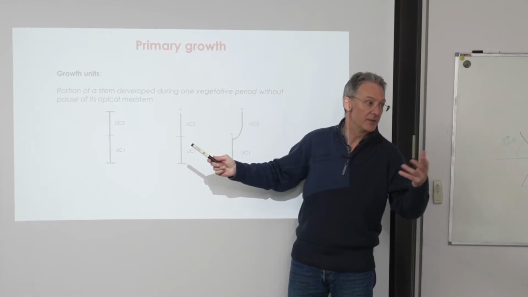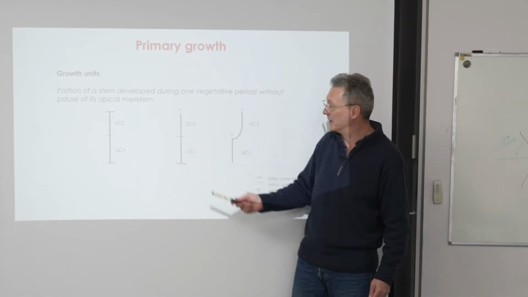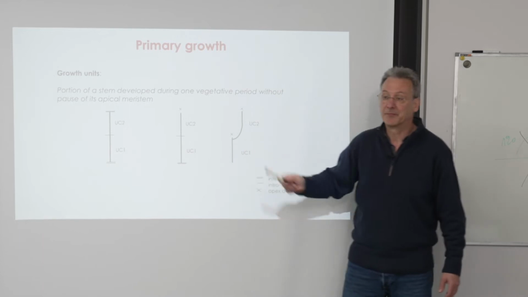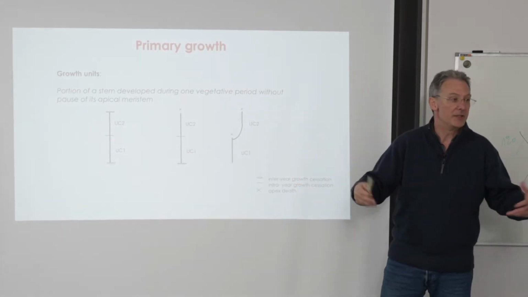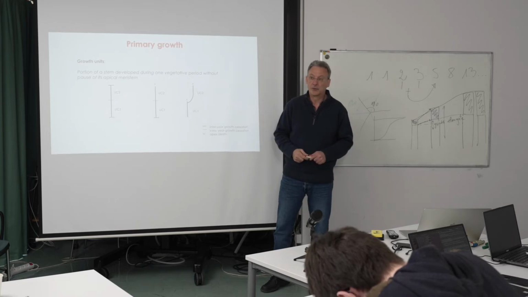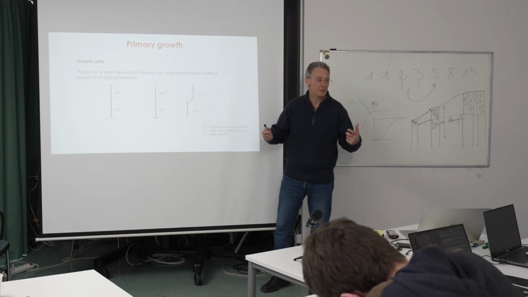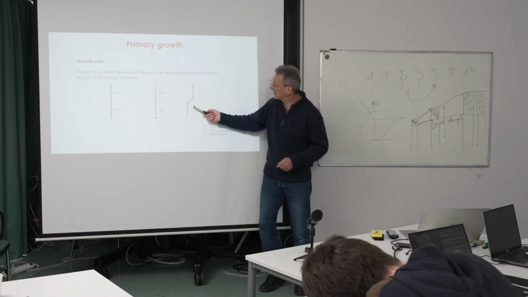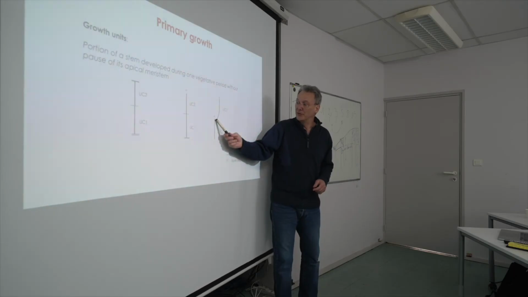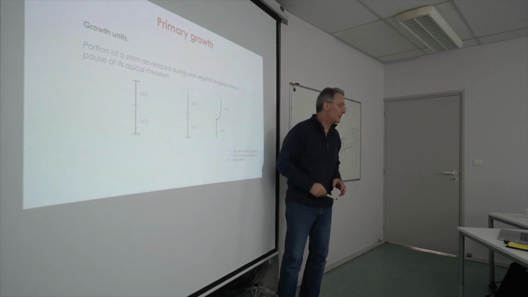At least the terminal apex of the shoot dies away, and the branch is finished. And we will see that it's not the end of the plant, because the plant has the ability to produce lateral branches, and it will resume the growth through the lateral branches. And this is a case where you have a first unit of growth, then the meristem dies, and then you have a second unit of growth.